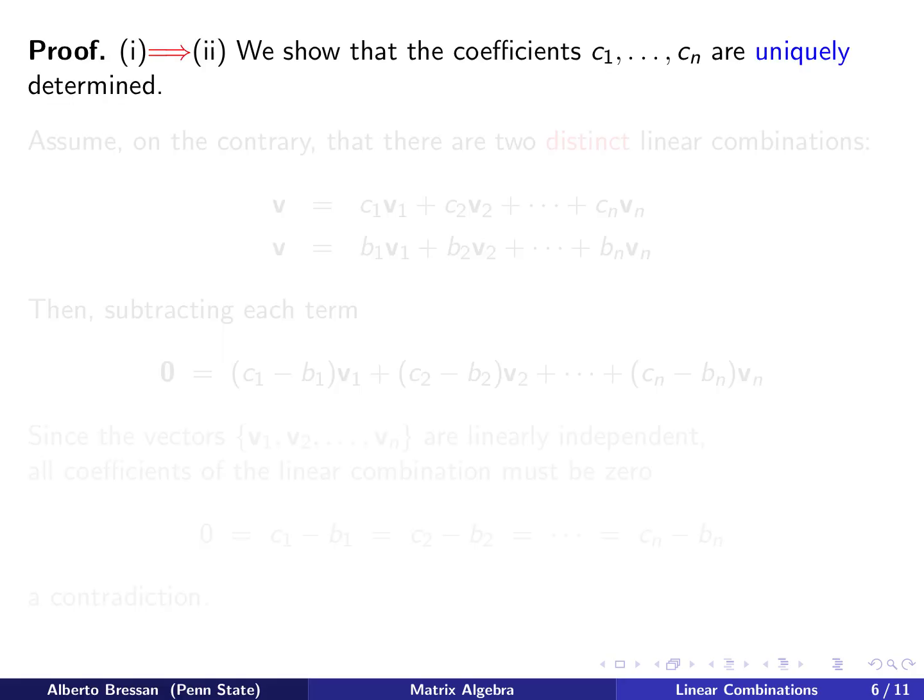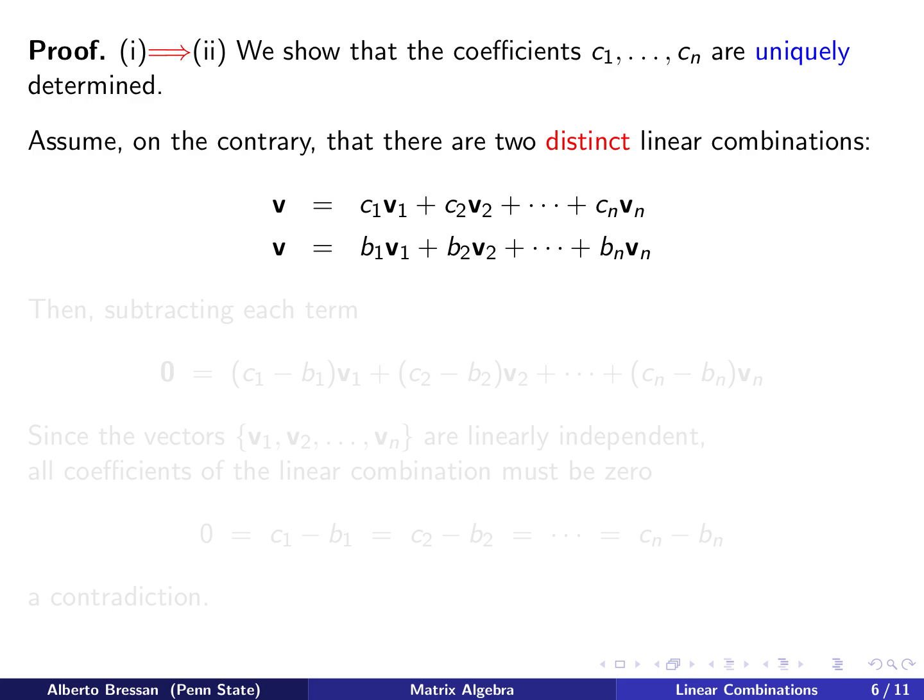Let's prove that 1 implies 2, which means if the v's form a basis for the vector space, then I can find a unique linear combination. So this means the coefficients for the linear combination, let's call them c1, c2, to cn, are uniquely determined.